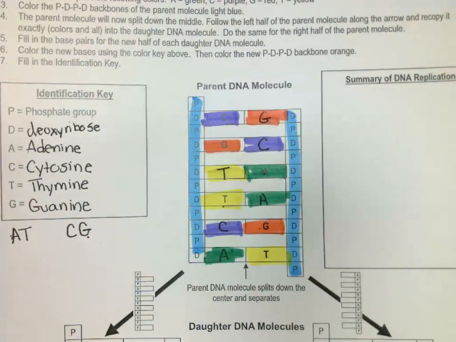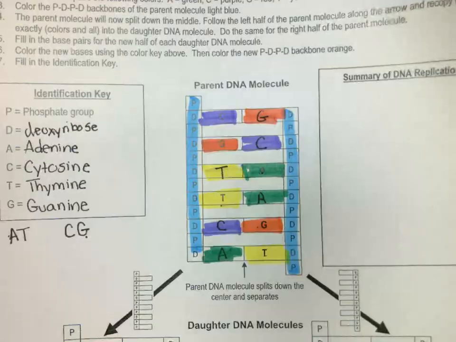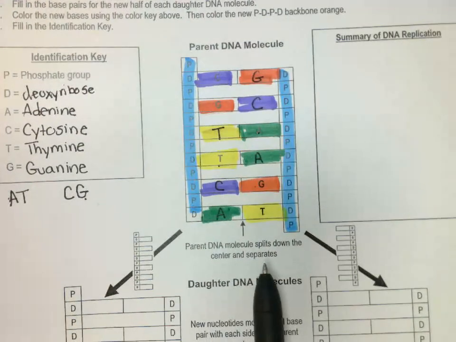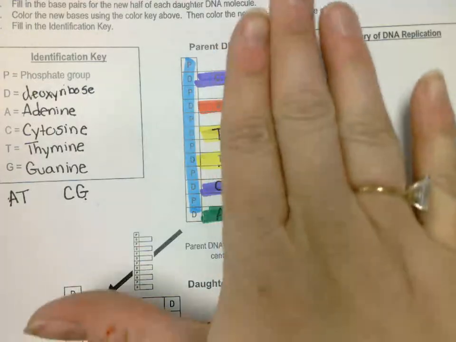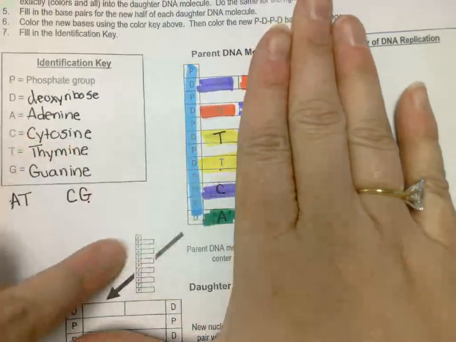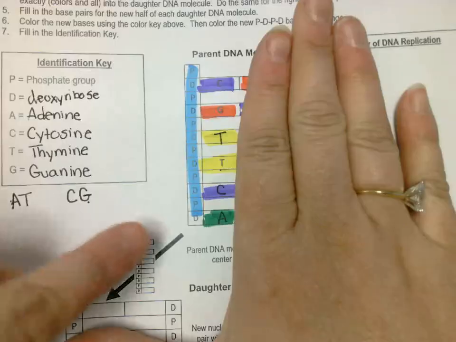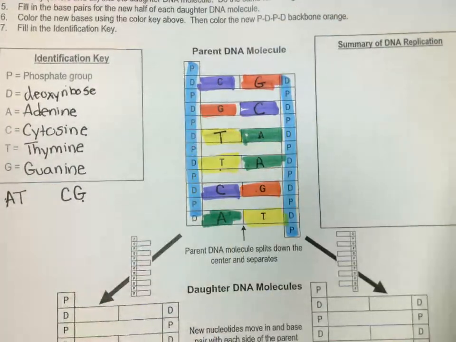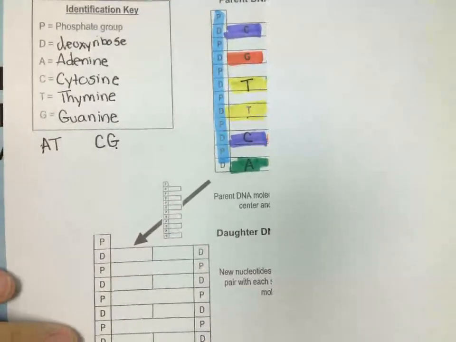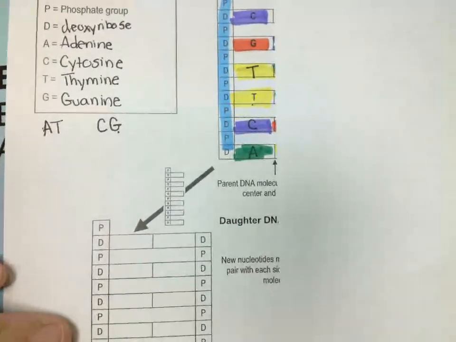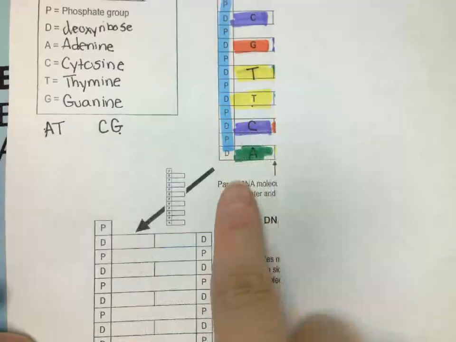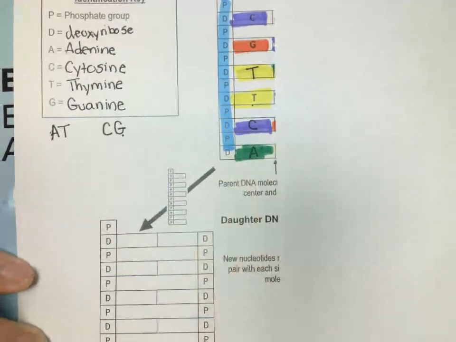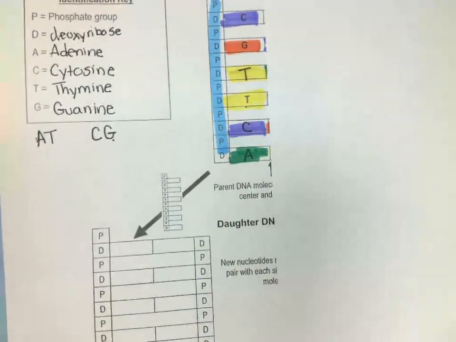When DNA makes a copy of itself, the parent DNA molecule splits down the center and separates. So this half of the DNA molecule is going to come down here.